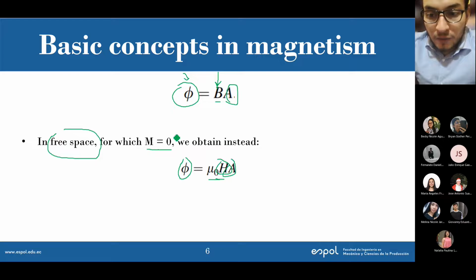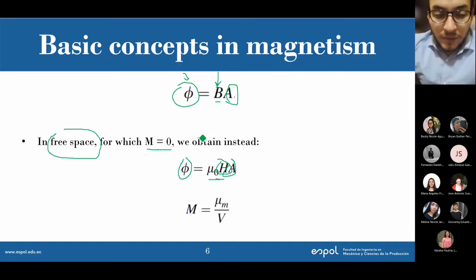Now, let's define, I guess this is the last concept we're going to define, at least for these basic terms. The magnetic moment. What's the magnetic moment? This is called the magnetic moment.